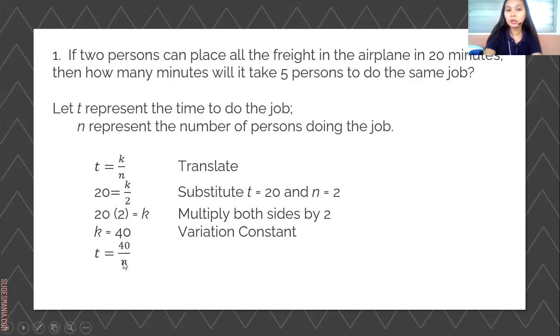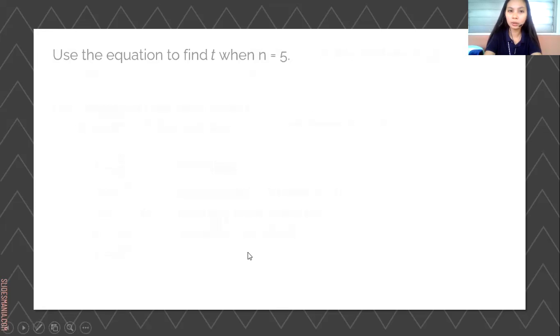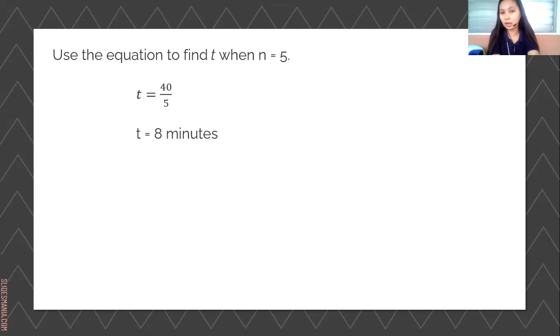So we will have T equals 40 over N po. So use the equation to find T when N is 5 po. Katulad po kanina, di ba? Kung N natin is 5 nga po, it means if 5 persons daw po yung magtutulong-tulong, it will take them 8 minutes to finish the job lang.